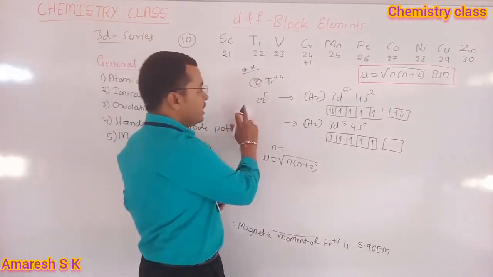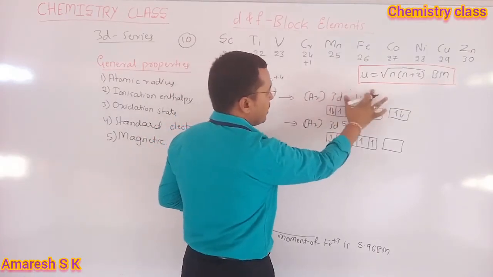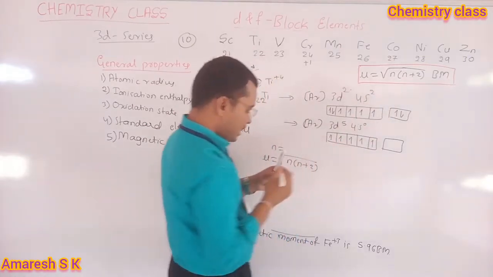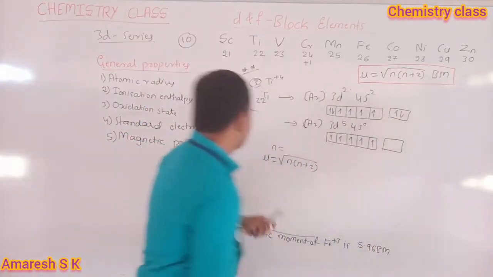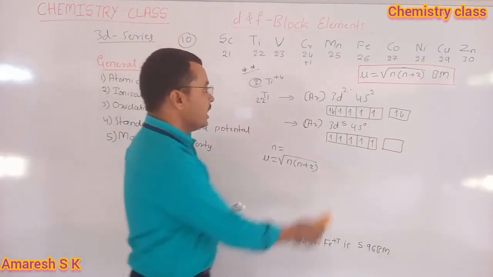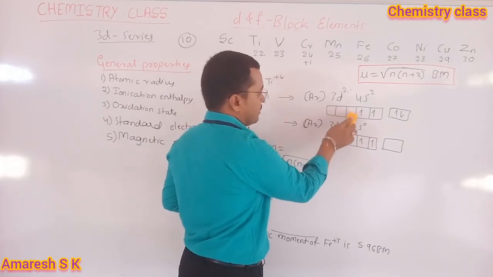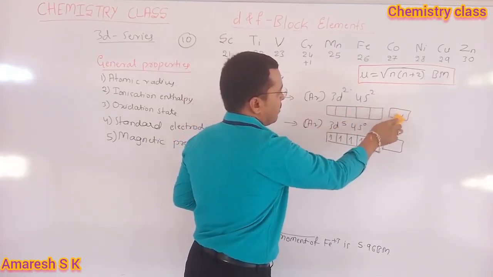Next, write the electronic configuration up to Ar. This is the complete electronic configuration. Next, 3d2 4s2 is the complete electronic configuration of titanium. Next, allot the electrons here.